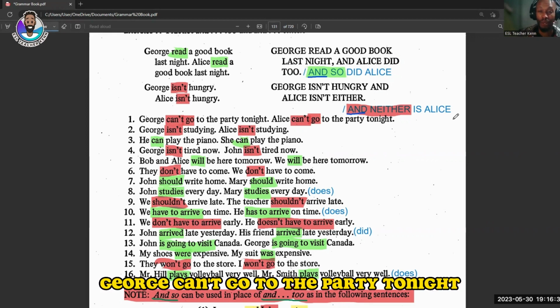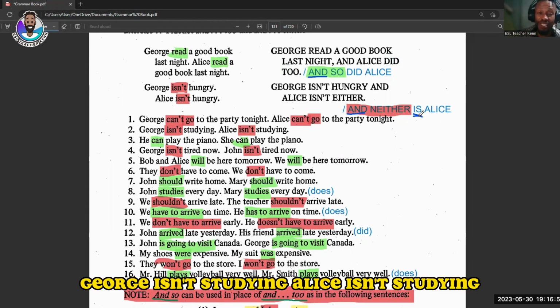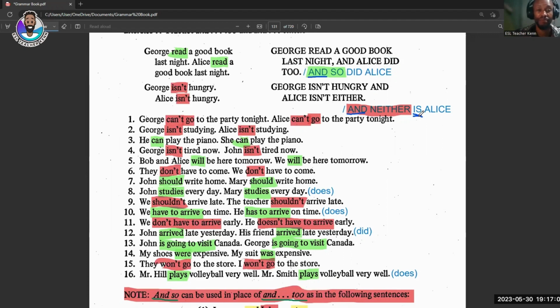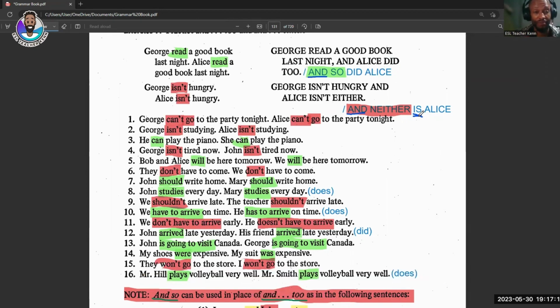George can't go to the party tonight, and neither can Alice. George isn't studying. Alice isn't studying. George isn't studying, and Alice isn't either. Repeat.